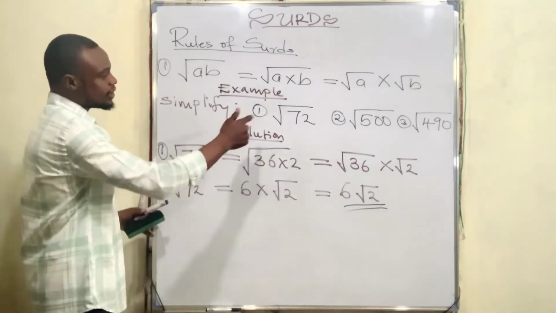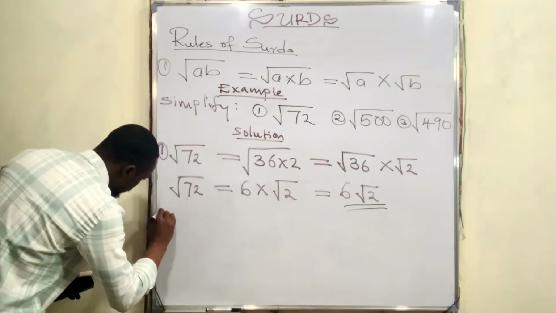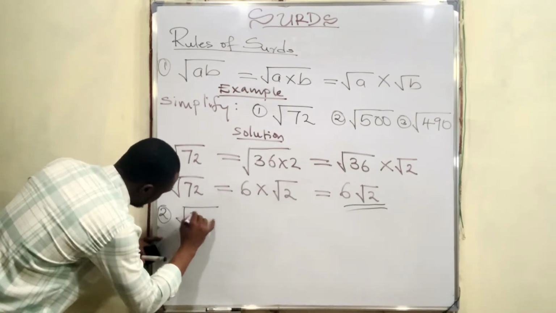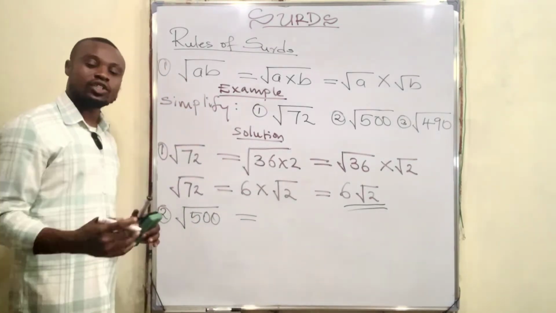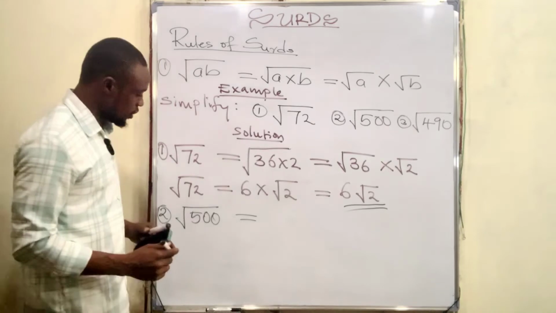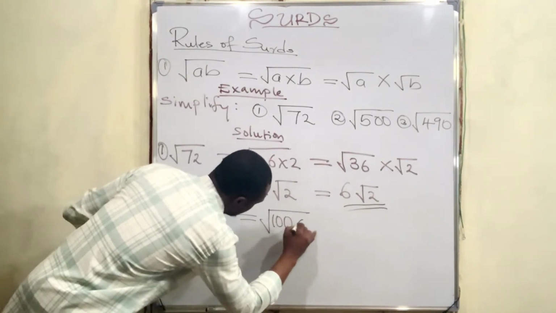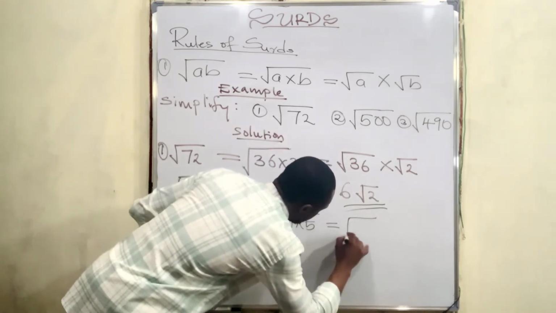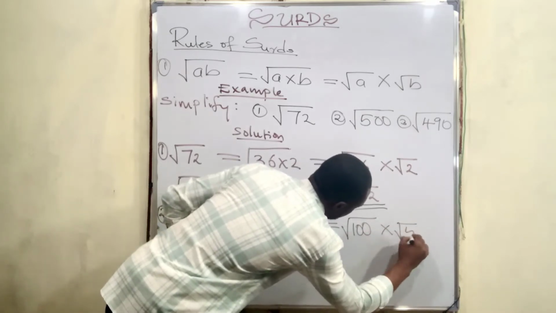Okay. Now the second one, which is root 500. Root 500 is also simple, same method. So I'll use this black pen. We have root 500. Now 500 is the same thing as 100 multiplied by 5, right? So we have the root of 100 multiplied by 5. Now if we split this root, we have the root of 100 multiplied by the root of 5.